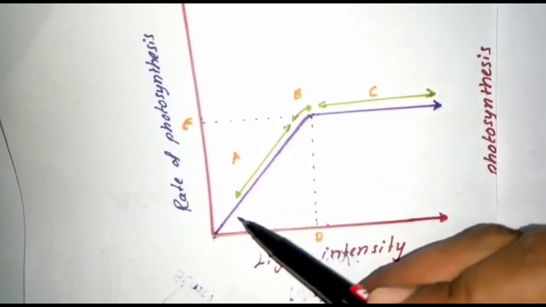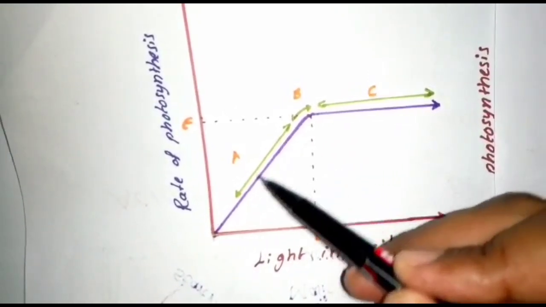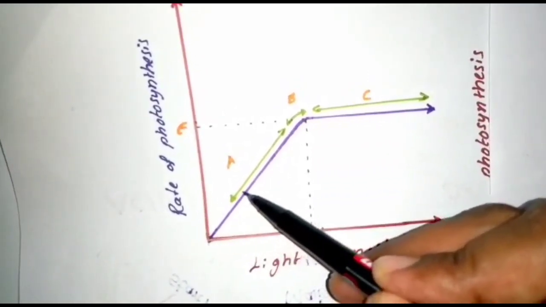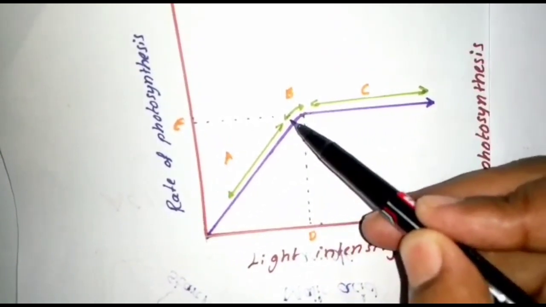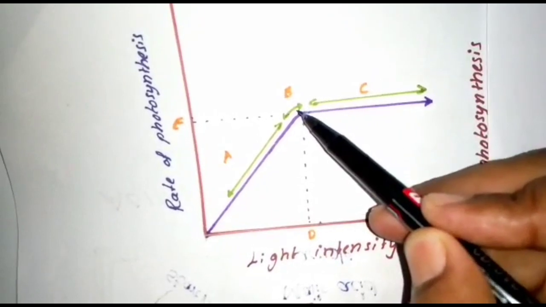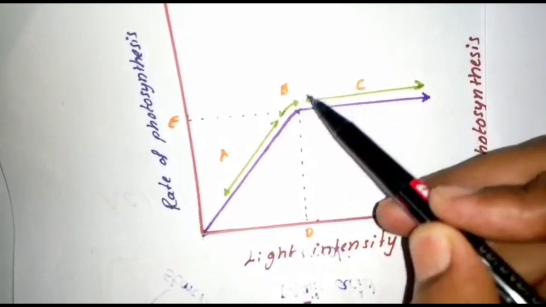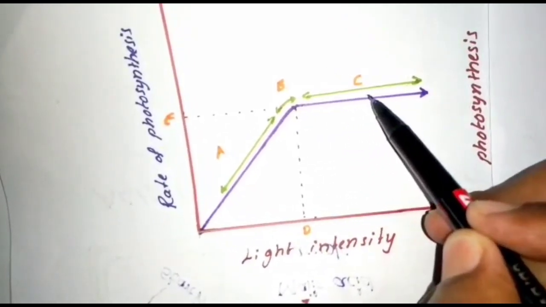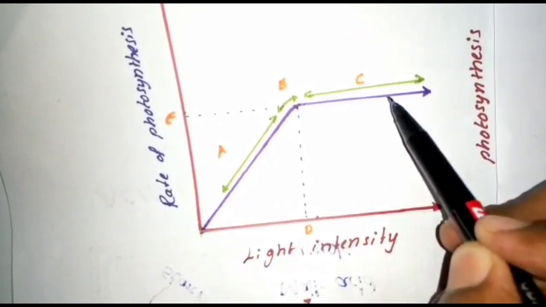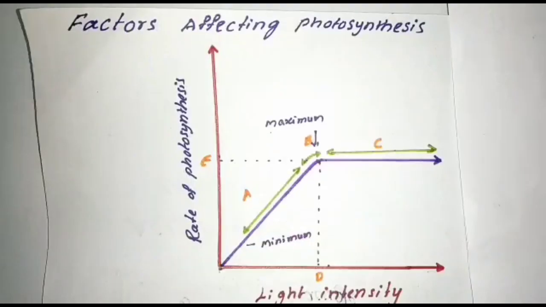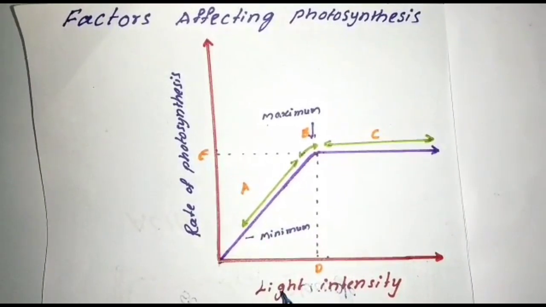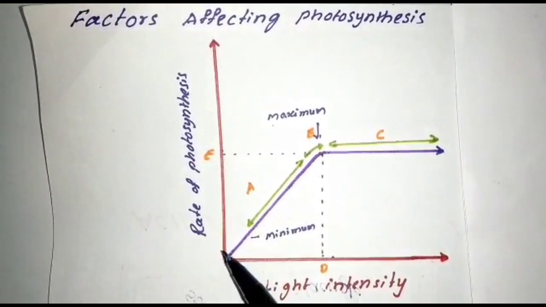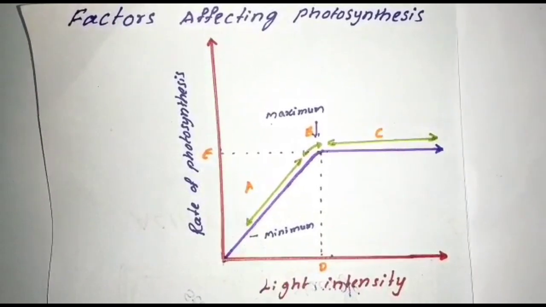In the sense, if the light intensity increases and the carbon dioxide concentration increases, the rate of photosynthesis increases. If the carbon dioxide concentration is not increased, even though the light intensity increases, the rate of photosynthesis does not increase; it stays constant. This graph explains the relation between light intensity and the concentration of carbon dioxide.